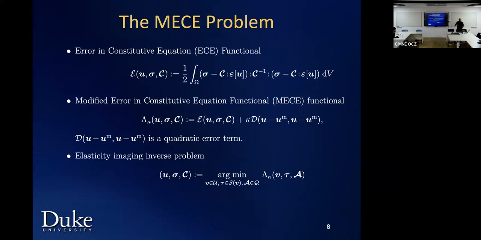The original error in constitutive equations had just the first term, epsilon, or calligraphic E. In 2007, Pierre Feissel and Olivier Allix extended this with that term, and they called it the modified error in constitutive equations. Since then, we've been using it that way, and that's what I'm going to analyze for you. So this here is what we solve as an optimization problem.